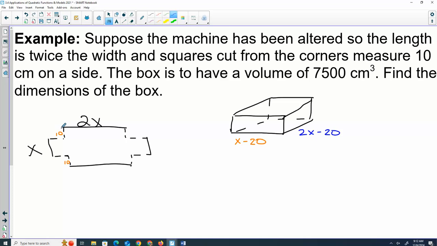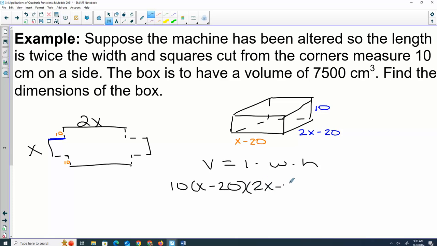And when I fold it up, the height of the box is this length, which is 10. So now I want the volume, and we know that's just length times width times height. So if I take 10 times my x minus 20 times the 2x minus 20, it equals the total volume, which was 7,500.